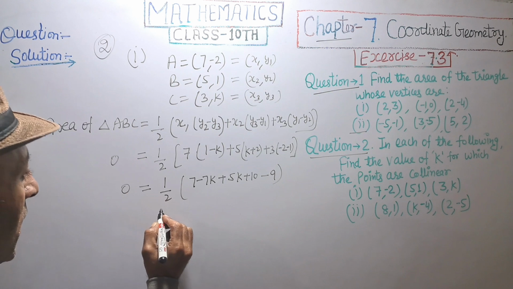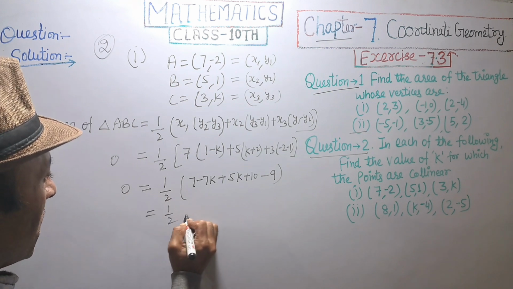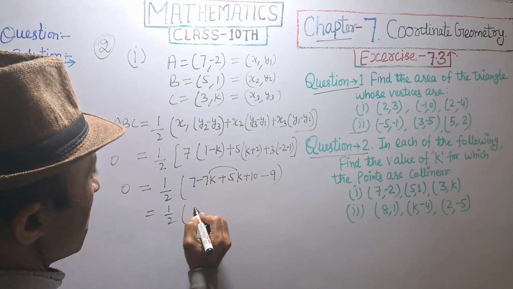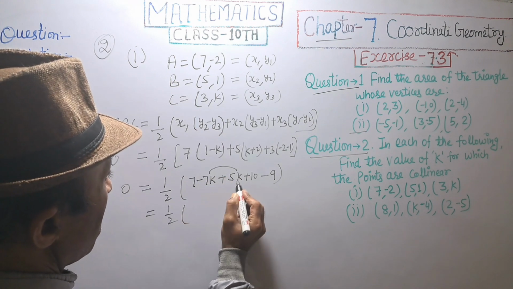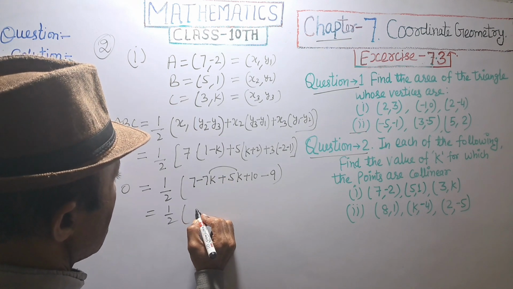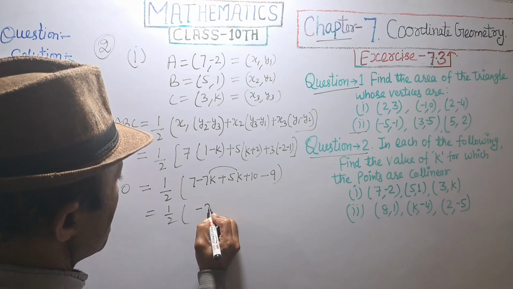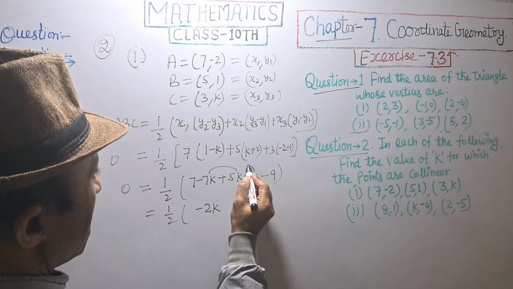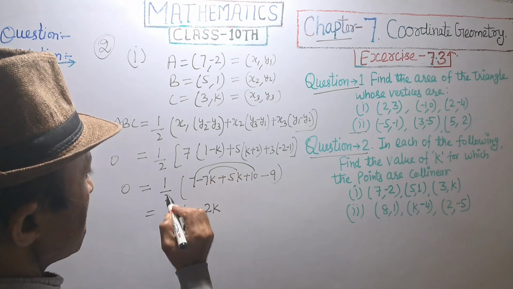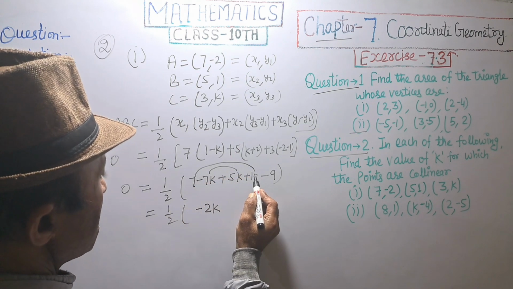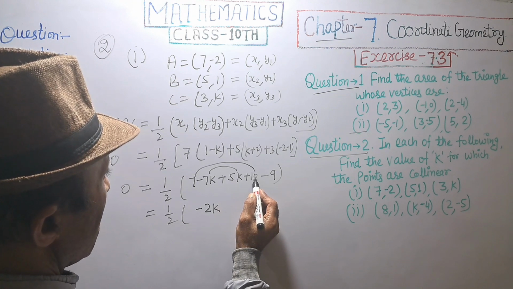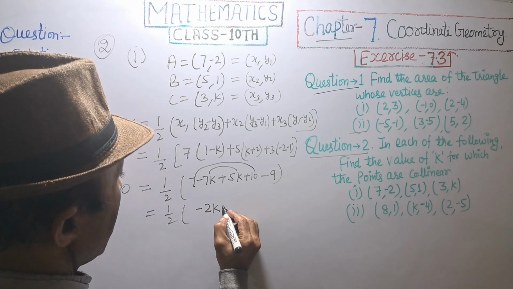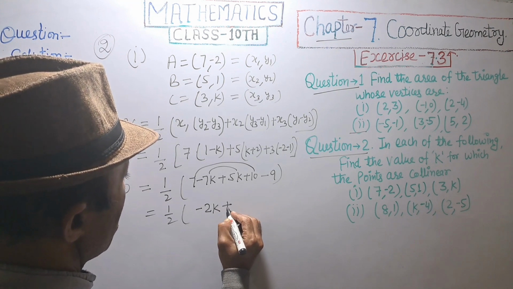So area is equal to 0, but half into minus 7k plus 5k, that is minus 2k, and 10 plus 7 is equal to 17, and 17 minus 9 is equal to 8, that is positive 8.